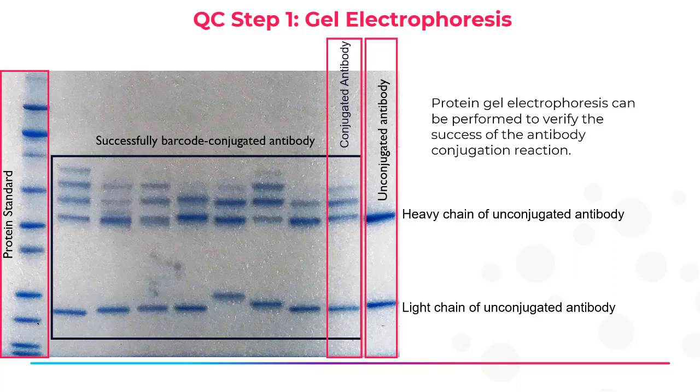The molecular weight of the heavy chain is higher than that of the unconjugated control. Please note that this procedure only indicates the success of the chemical reaction. It is vital to perform the antibody validation, which is highlighted in the next steps, to verify correct staining in tissue samples.